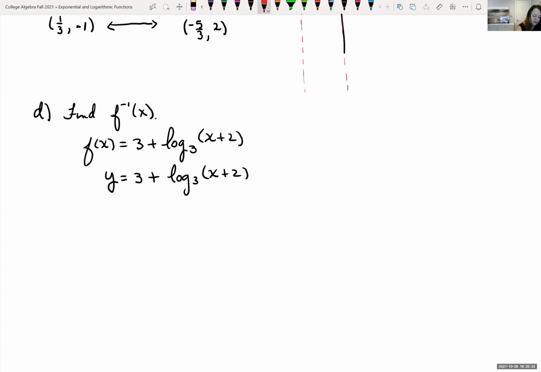First step was to swap your x and your y values. So if we swap x and y, we can rewrite this equation as x is equal to 3 plus log base 3 of y plus 2.